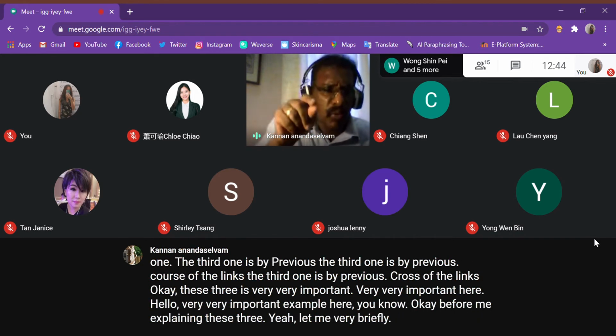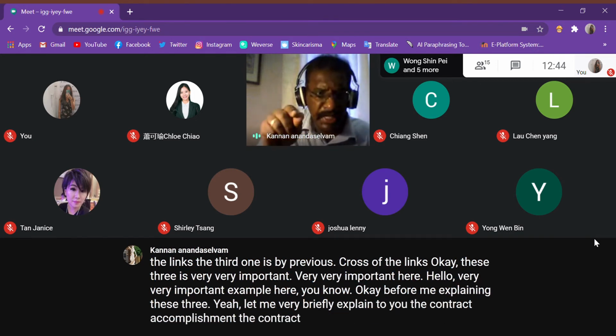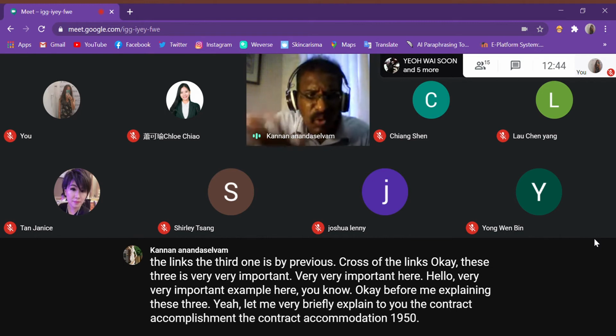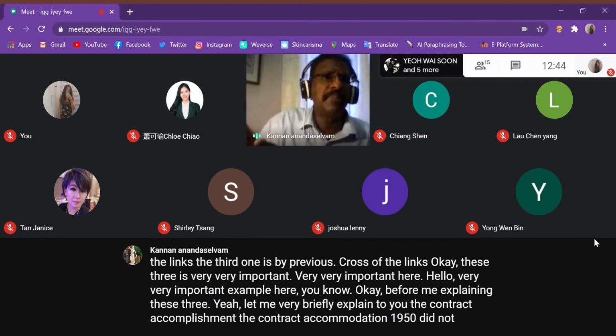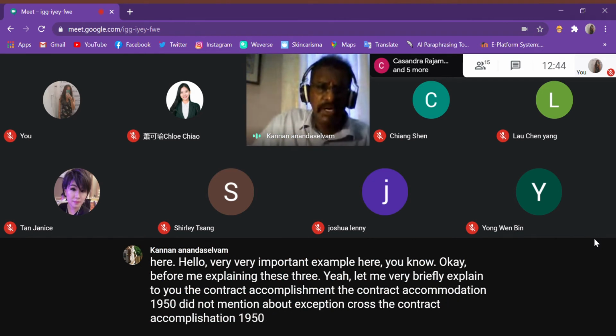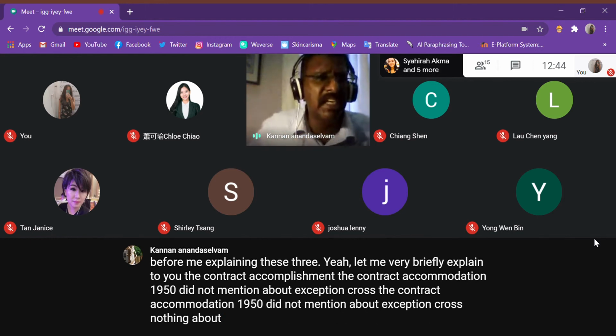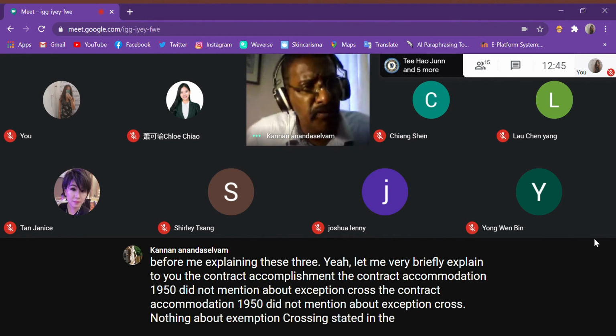The Contract Act of Malaysia 1950 did not mention exemption clauses. Nothing about exemption clauses is stated in the Contract Act 1950.